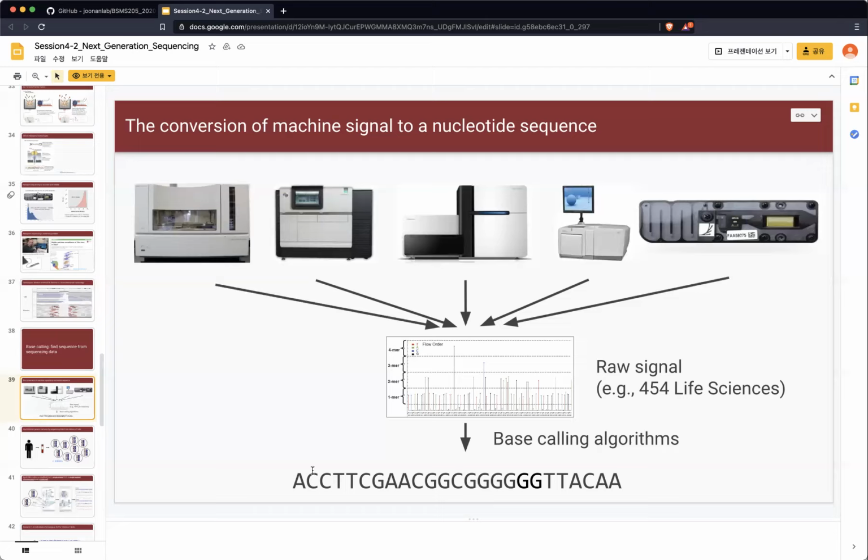And for this DNA sequence, we don't know their position, right? That's the important thing, but we're going to discuss it in the later part. Base calling algorithm means that they convert the signals into the DNA sequence. These algorithms are very specific and patented by each company, so we don't know the exact details, but it takes some algorithm and converts the raw information into certain sequence information.